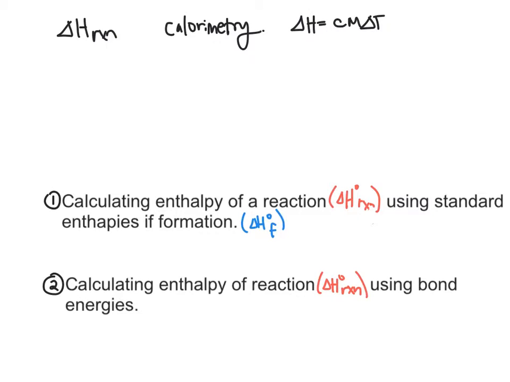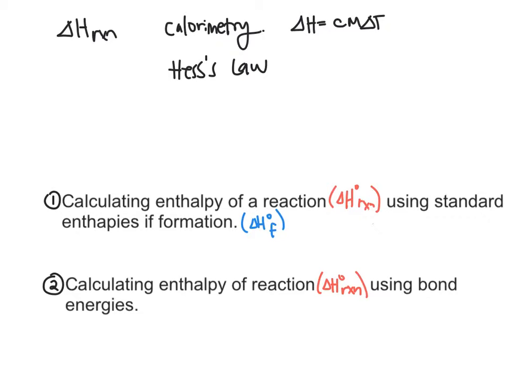Or the other one we did is we used Hess's law, where we were given a bunch of equations and we rearranged them so that they equaled the equation that we were trying to get to, and then we used the enthalpy changes for the rearranged equations and added them together to get a delta H of reaction or a heat of a reaction.